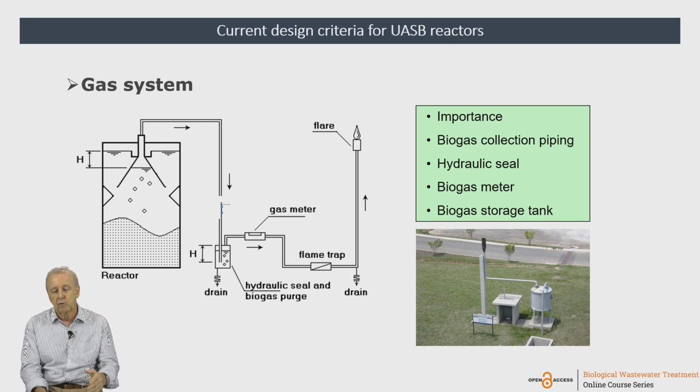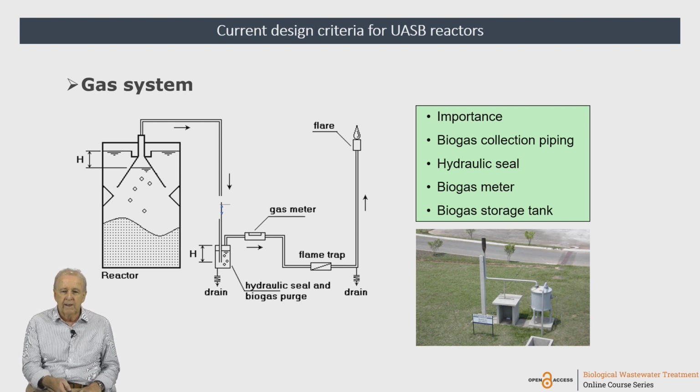So the pipe should always have a slope, and at the lower part of the pipe you should design drains to remove this condensate. Otherwise, this will block the flow of the biogas. Sometimes the flare does not work because the biogas does not arrive there, and if there is condensate here, it is going to put pressure upwards on the biogas line.